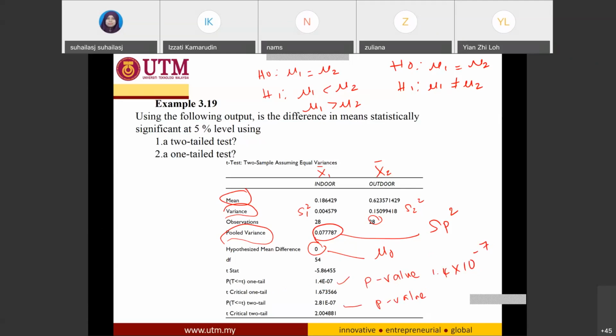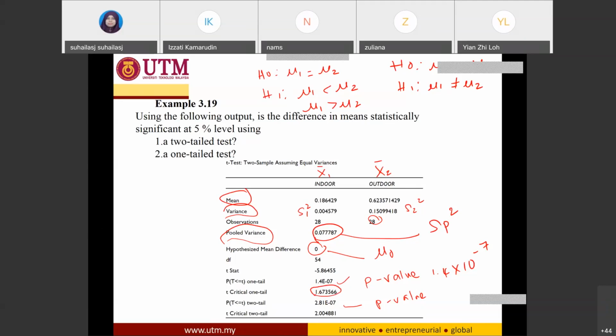And this one is 2.81 times 10 to the power minus 7. Okay, so T critical: this one is your critical value from your stats table.